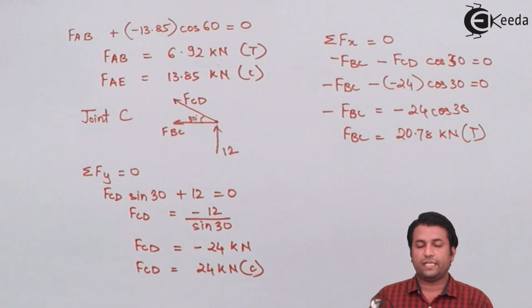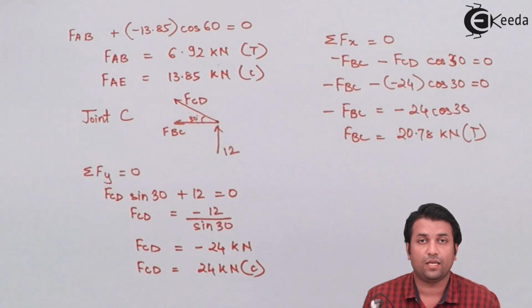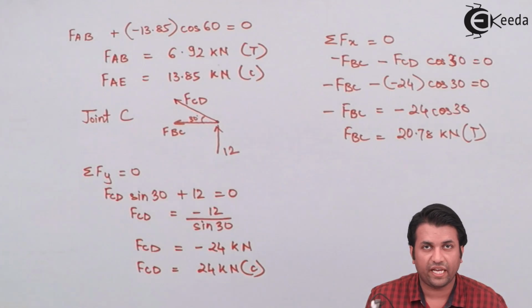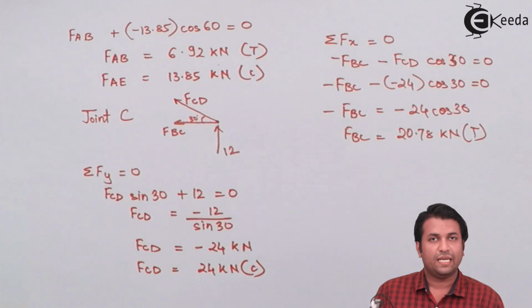So I got the force in the member BC as positive and the value is 20.78. So the nature of this force will be tensile.